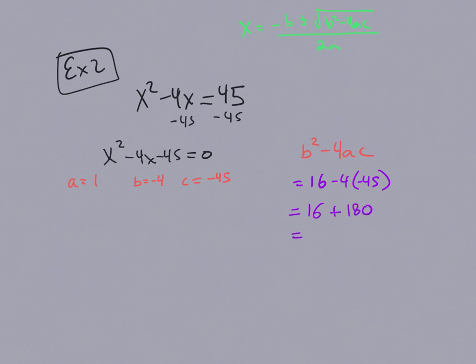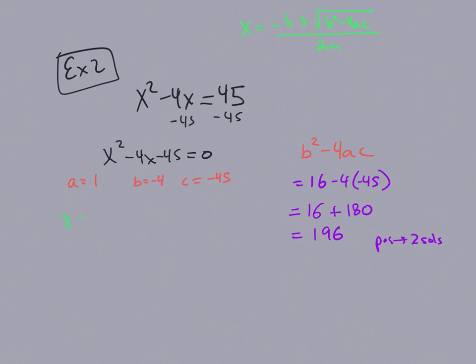And that is 196. So it's positive, which means 2 solutions. It's also a perfect square, so that means if we wanted to, we could solve this by factoring, and we'll actually do that at the end here just to check our answer. But right now we're going to do this quadratic formula.